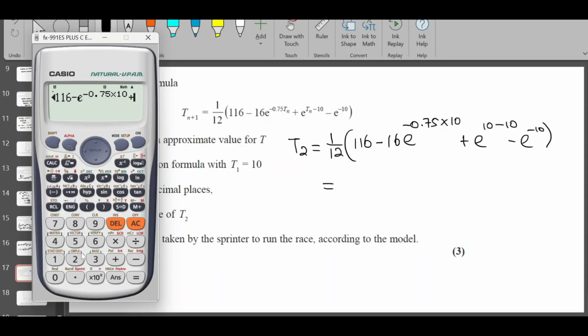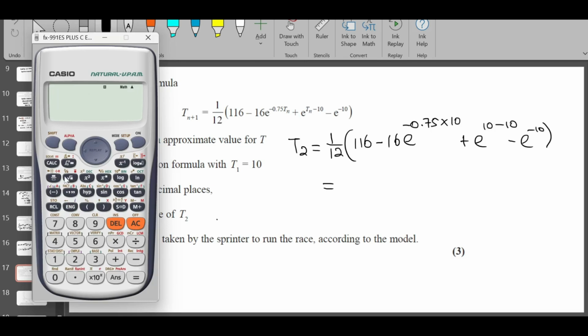Plus e to the power 10 minus 10, minus e to the power minus 10. It must be rounded to 4 decimal places.